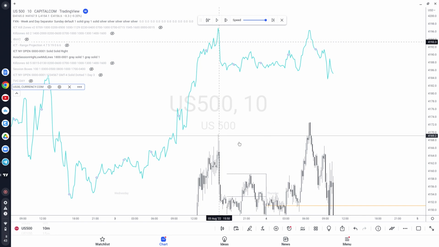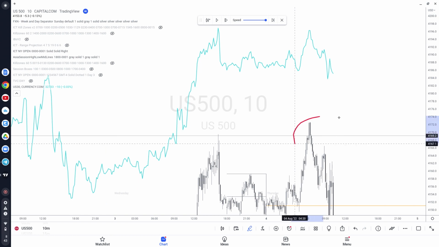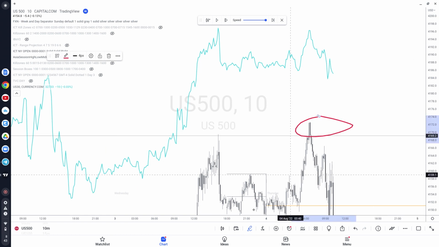All right, so right here, right? Ultimately, we're sweeping an old weekly high, but then once we zoom into price, we're seeing S&P take out a previous day's high, where US 30 does not, right? So this area here would be the sweep or the anomaly or the false move rather, right?